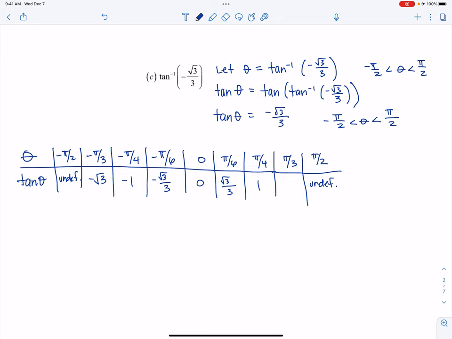And at pi over 3, tangent is root 3. We are looking at where is our tangent value negative root 3 over 3. And we find that right here, negative root 3 over 3. So our theta is negative pi over 6. This tells us that tangent inverse of negative root 3 over 3 is negative pi over 6.